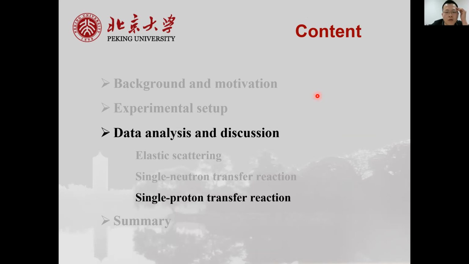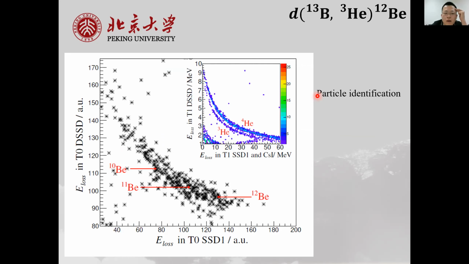Okay, about the single proton transfer reaction. We have the CD target. We also detect helium-3 and helium-4 with one of our telescopes. You can see this is helium-3 and helium-4.